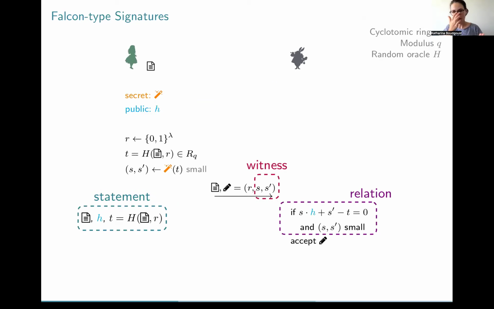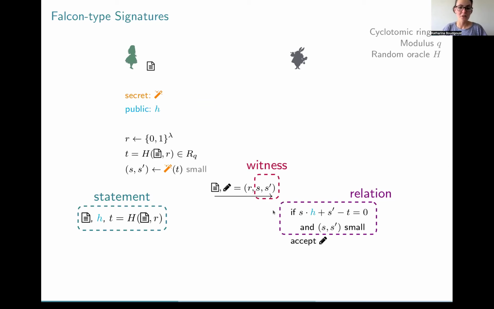So we opted to put the random oracle evaluation outside of the relation. What we do is that we send the salt in the clear. Once you have the salt and the message, you can compute the target, and that will be part of the statement.